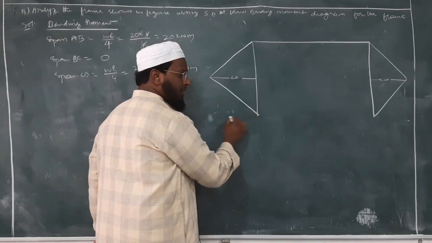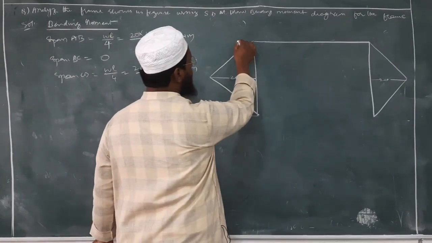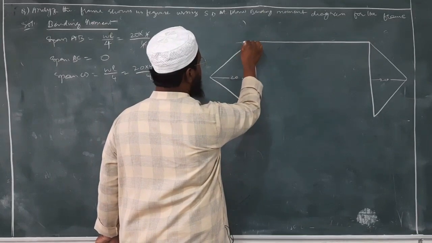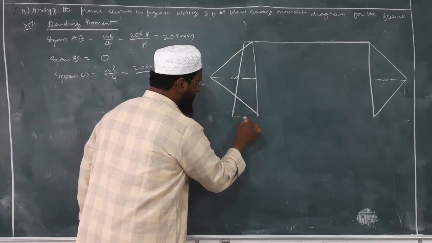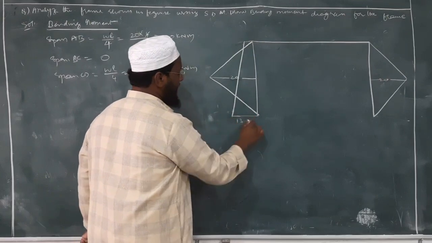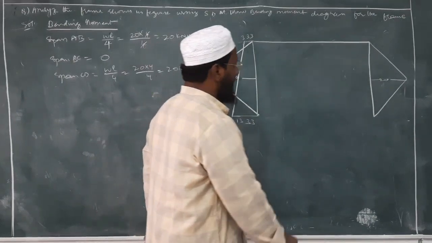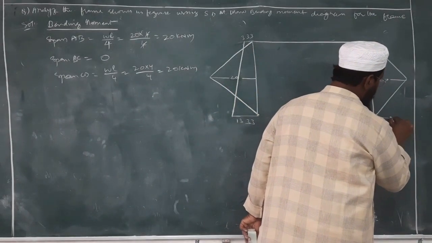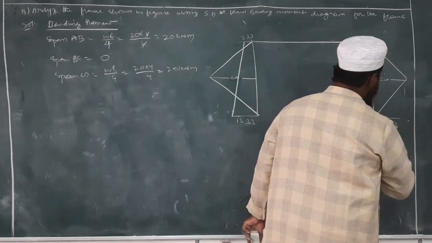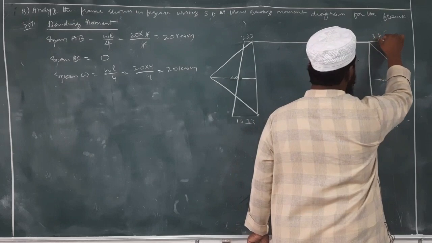What about the fixed end moments we have? Here we have 13.33, isn't it? Here we have some 3.33. So this is 13.33 and here is 3.33. What about here? Again here we have 13.33. Then here we have again 3.33.